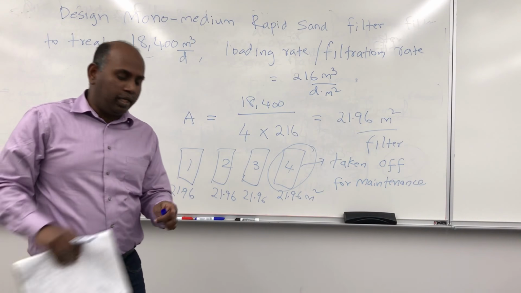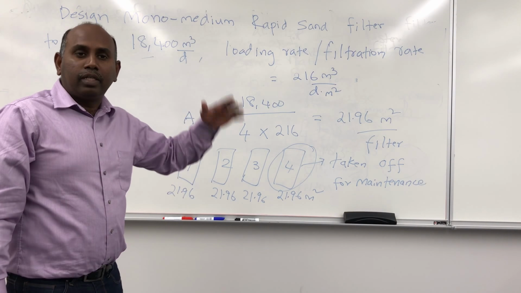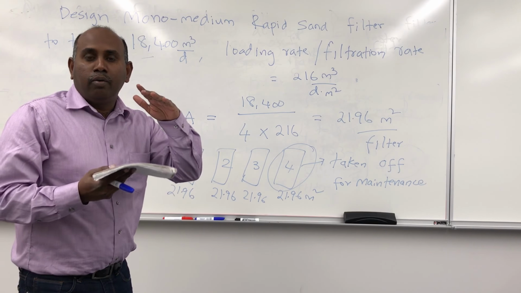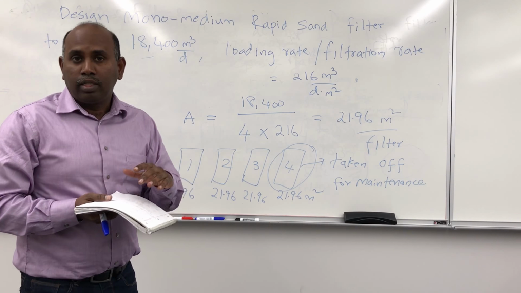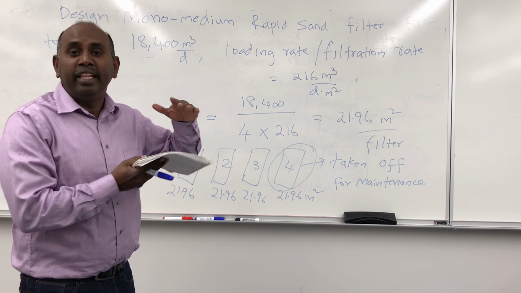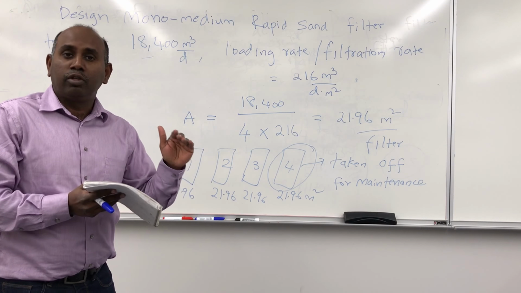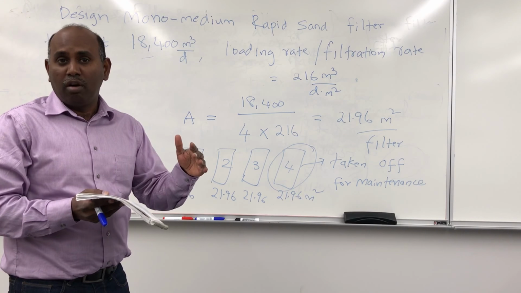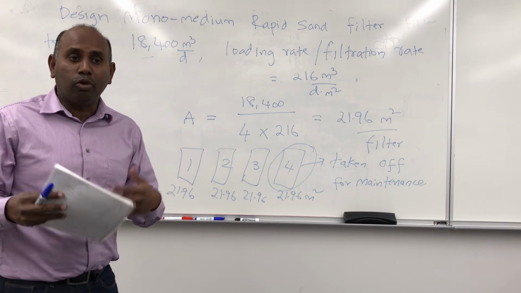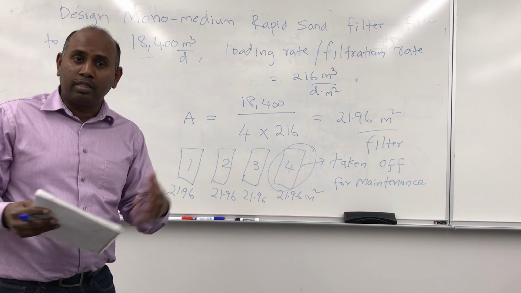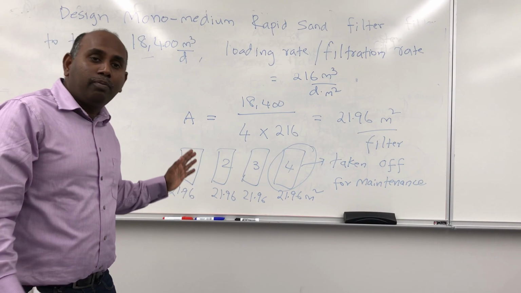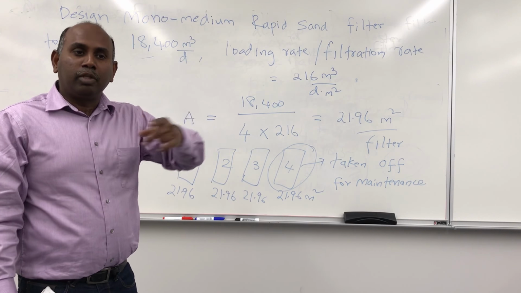So maintenance meaning when you filter it, whatever particles are present in water are retained in the filter, clean water flows through. You can use the filter only for so long. At some point you have to stop it because you're not removing as many particles as the design requires. So at that point you take it off, you do something called backwashing.